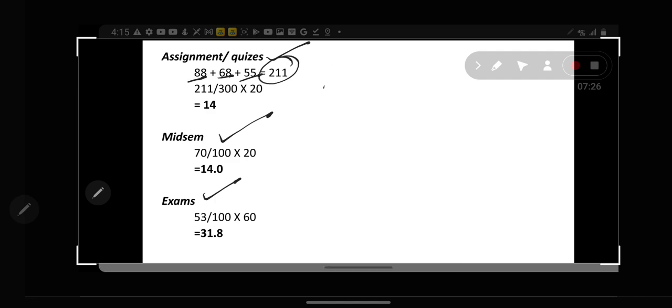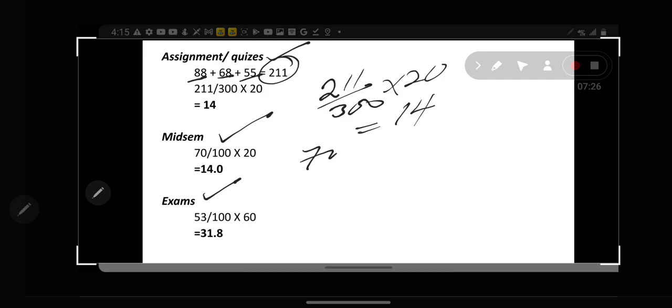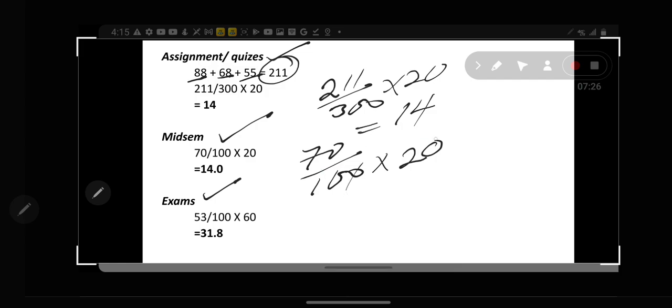So it's 211 over 300 times 20, and the answer was 14. Then you come to the mid-sem, you score 70 over 100 times 20, because the mid-sem is also rated over 20, and you get 14.